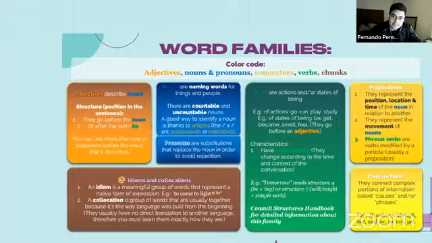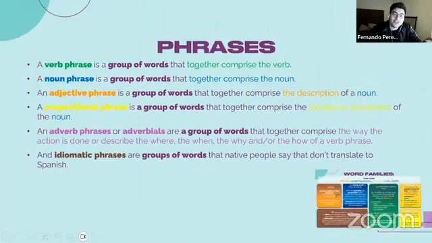But what happens when we can consider groups of words as a unit? Read the first example. It says over here, a verb phrase is a group of words that together comprise the verb. What is comprise?